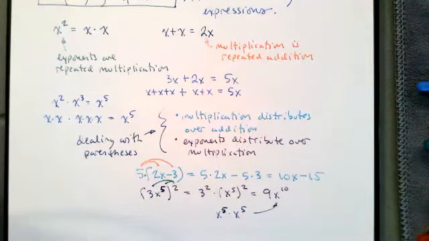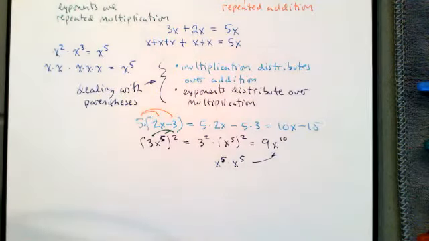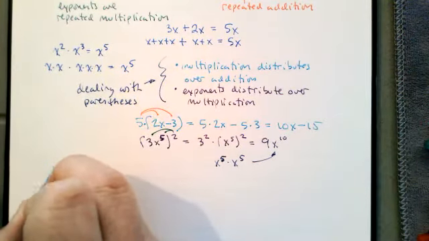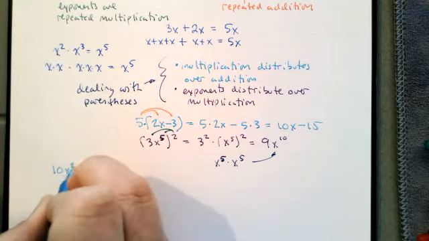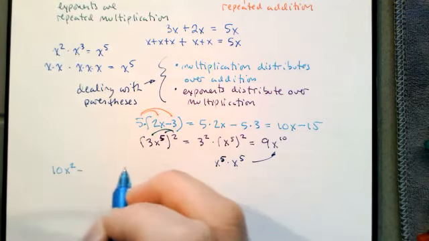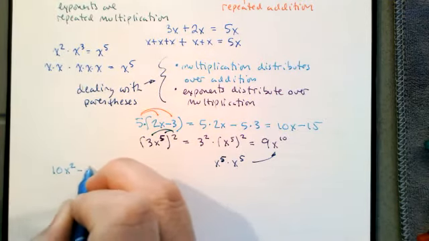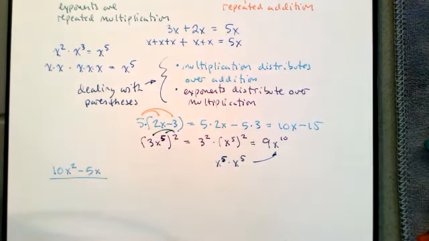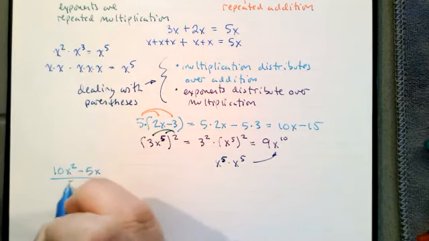Since multiplication distributes over addition, on a related note, division also distributes over addition. So if, for example, I had something like 10x squared minus 5x, and I wanted to divide this all by 5x.